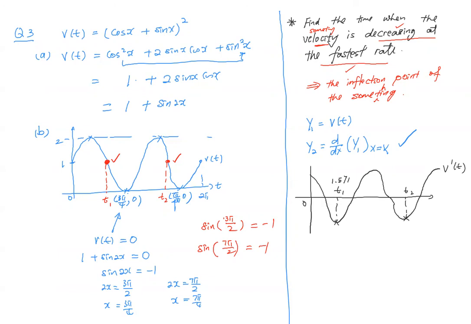Decreasing, you take the minimum point of the derivative of that function. Increasing, you take the maximum point. The coordinate x only.